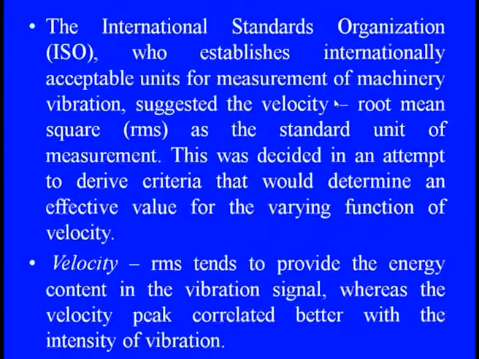When we are talking about velocity, RMS tends to provide the energy contained in the vibration signal, whereas the velocity peak can correlate better with the intensity of vibration. When we are talking about the root mean square of the velocity, it is simply providing how much energy is contained in the velocity signal of the vibrating feature.